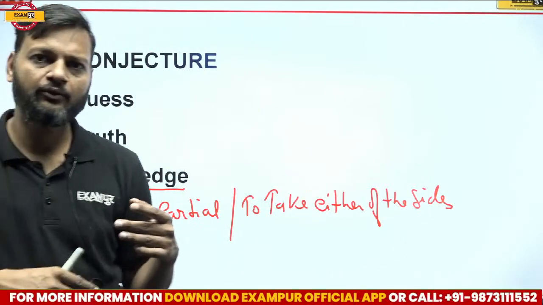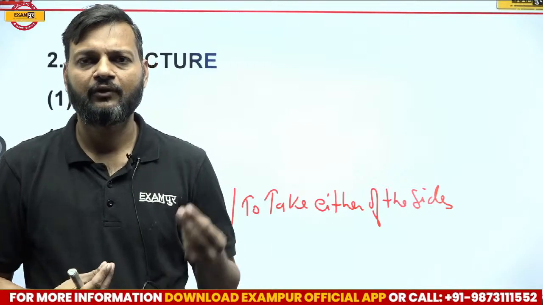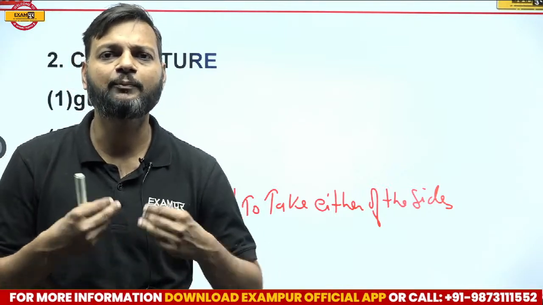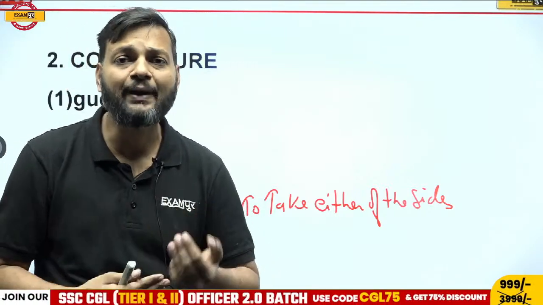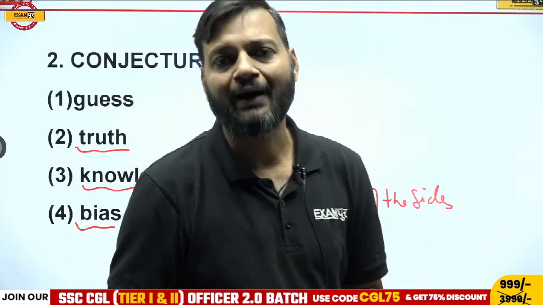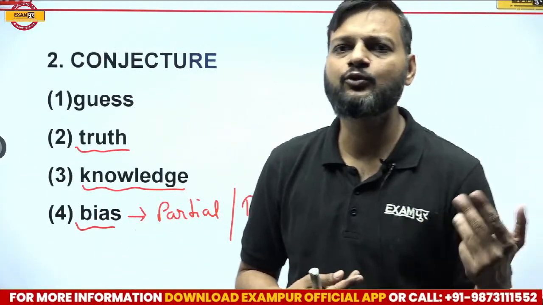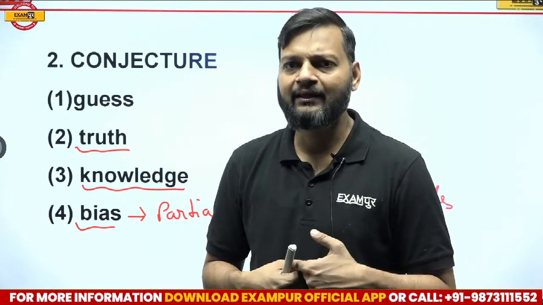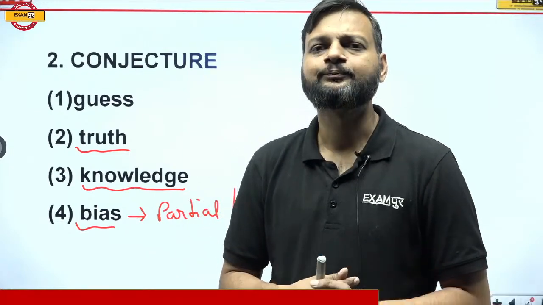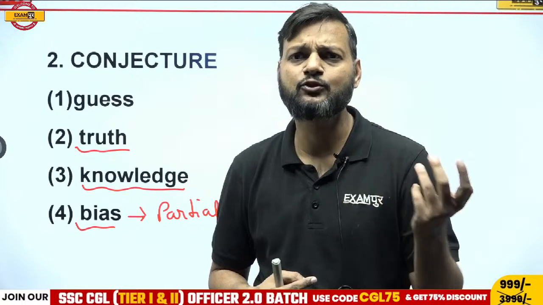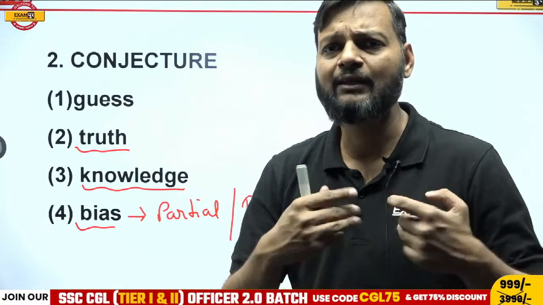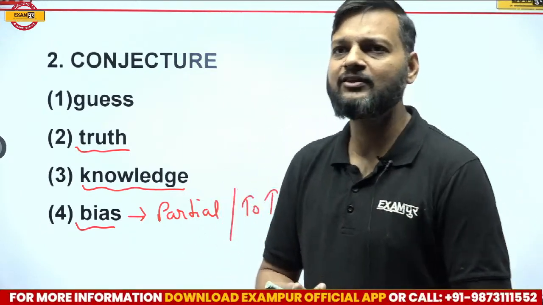To promote a particular person, or to support or back a particular idea, is to be biased. For example, two students come to me and they were fighting, and I am just listening to one of them, so I'll be biased. So bias means partial.